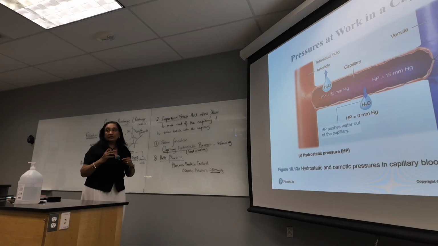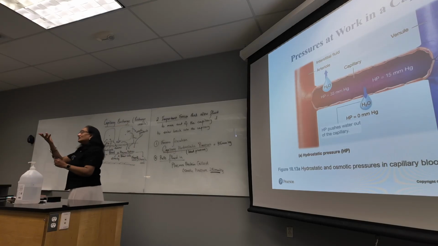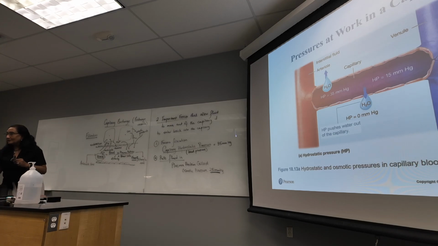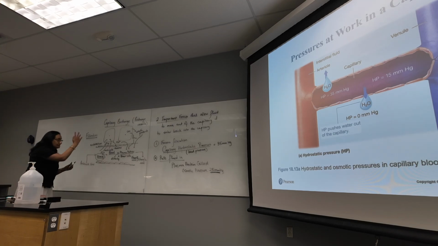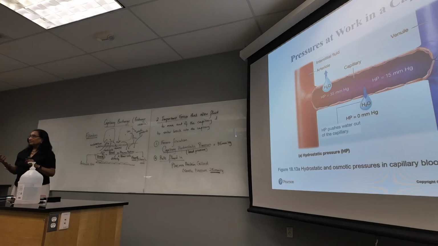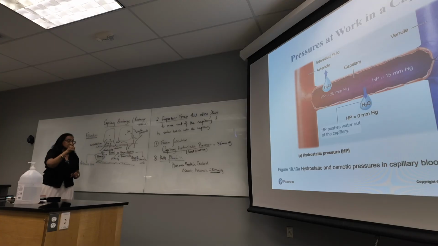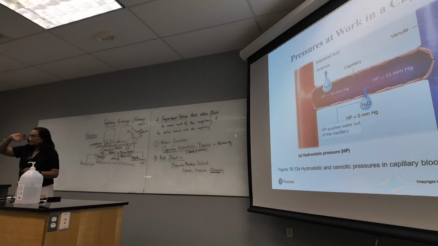So this is what happens. Even as we speak, this is happening in all the capillaries of your body. The millions of capillaries that are supplying your tissues, this is happening all the time, without fail. As blood enters the capillary, things move out because the hydrostatic pressure is stronger. It pushes the liquid out.